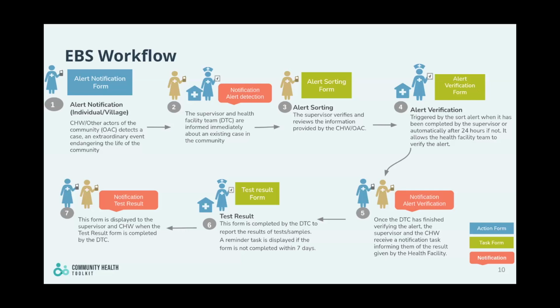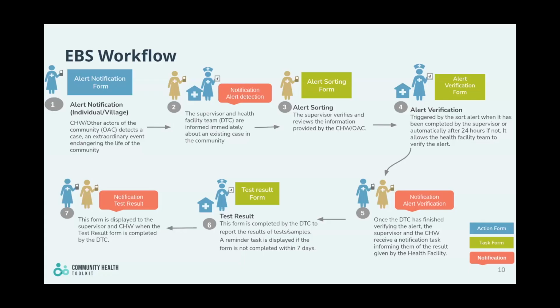As soon as we have the alert, automatically the system sends a notification to the supervisor and also the nurse at the health facility, for them to be aware that something is happening. Then at the third level, the supervisor will verify the alert to make sure that the information entered by the CHW or the other actor is accurate.